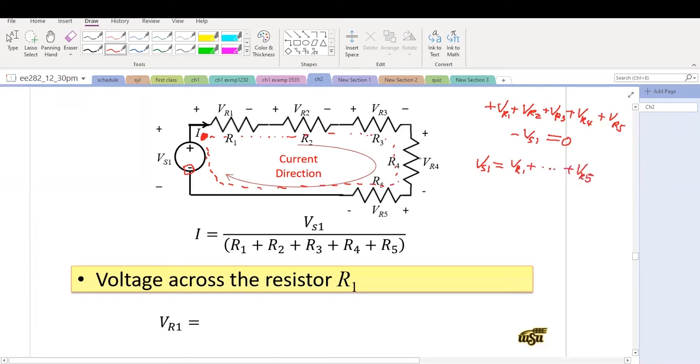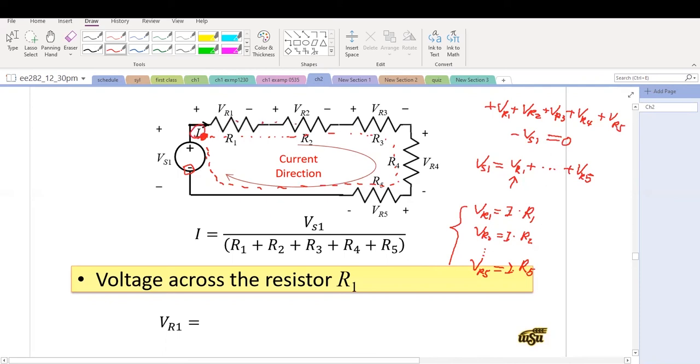So next, what's going on? We're going to apply Ohm's law. VR1 equals I multiplied by R1, VR2 equals I multiplied by R2, etc. VR5 equals I multiplied by R5. Because they are in series connection, they share the same current.